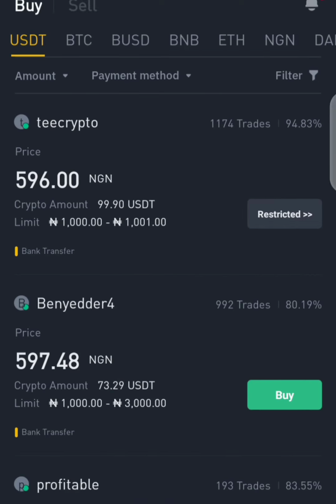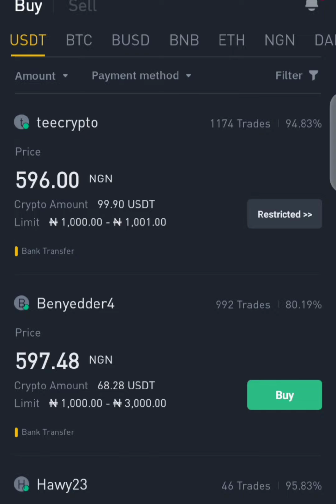So for me, doing this recording from Nigeria, I have to use NGN, which is the Nigerian Naira. Now the price below the T Crypto is 596 Naira. It simply means 1 USDT is worth 596 Naira.